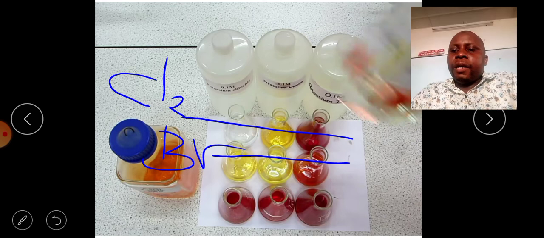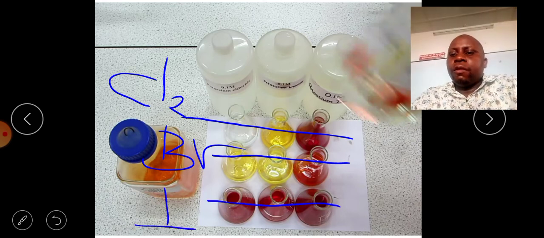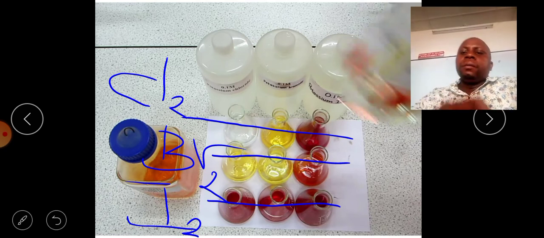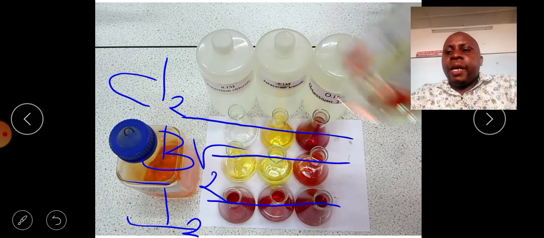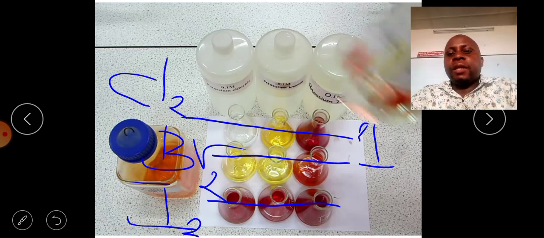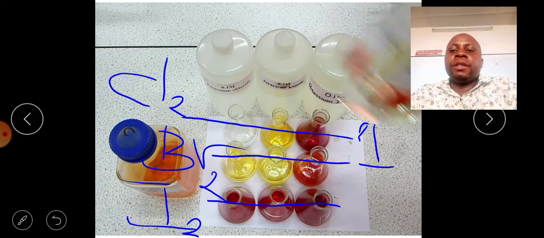And in the third row, there was addition of iodine. My aim here is to investigate row 1, the one in which chlorine was added, because that is our point of interest.